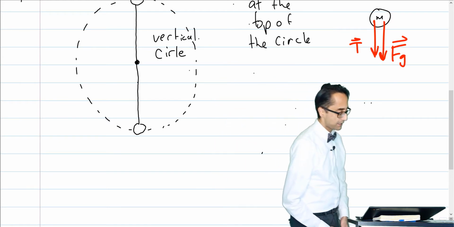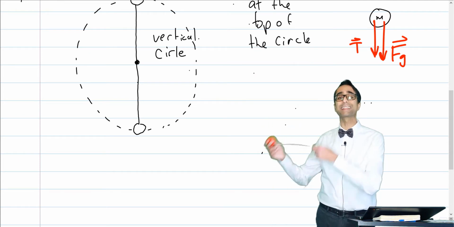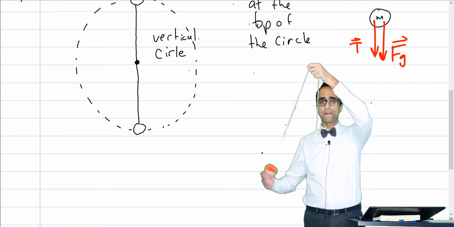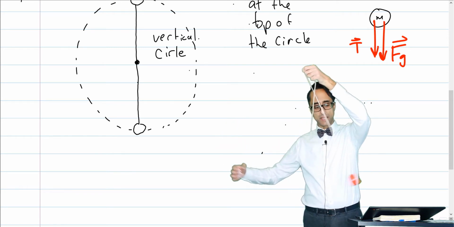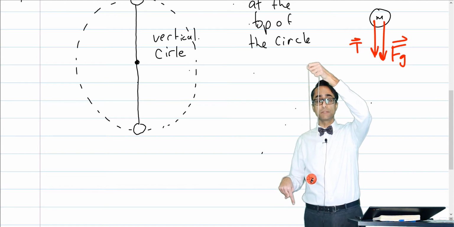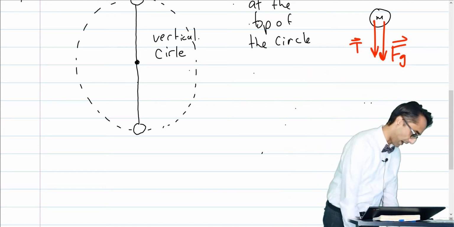Okay, great. So now do me a favor and draw the forces at the bottom of our motion. In fact, it's pretty easy. The bottom is actually quite easy, because as we see here, again, the force of gravity is going to be down as always, but this time tension is straight up.